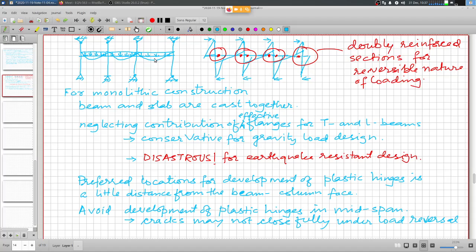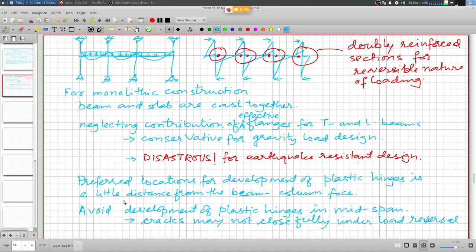So the sections, the flexural cracks that have developed here, may not actually close fully under the effect of load reversal, and that may lead to another set of cascading problems, because reinforcement gets exposed, and then all sorts of things start happening, leading to very rapid deterioration of the section capacities.